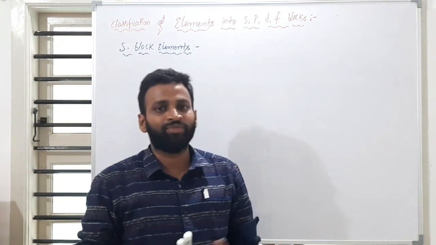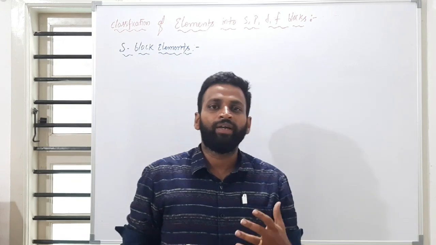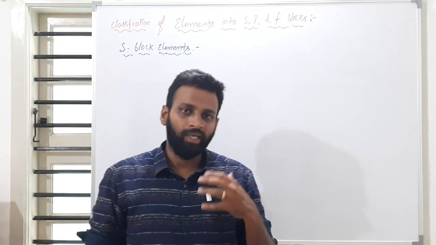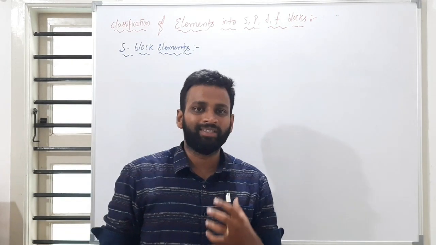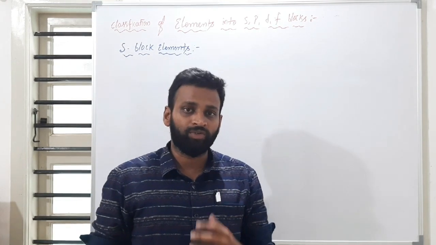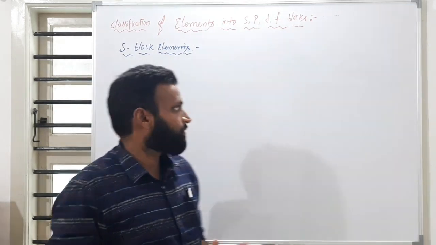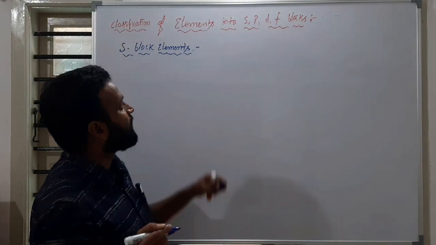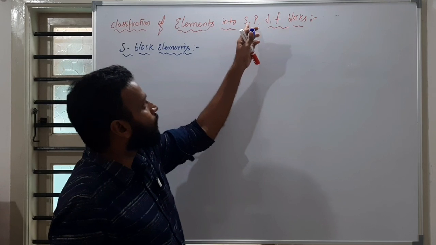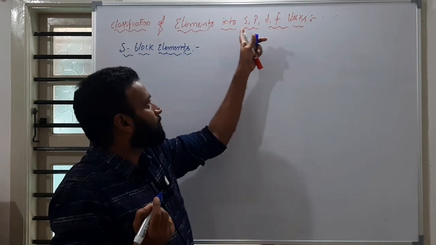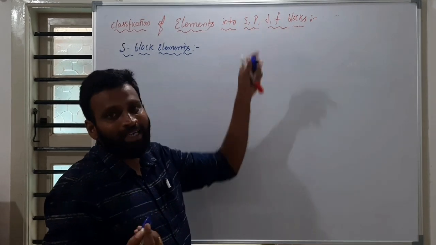Now let's see the classification of elements into various blocks. In our previous classes we discussed that there are four blocks: S block, P block, D block, F block. Why do we classify into four blocks, and why are they called SPDF?